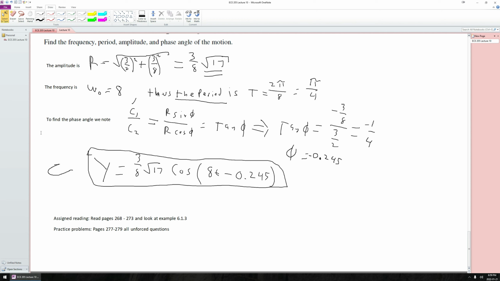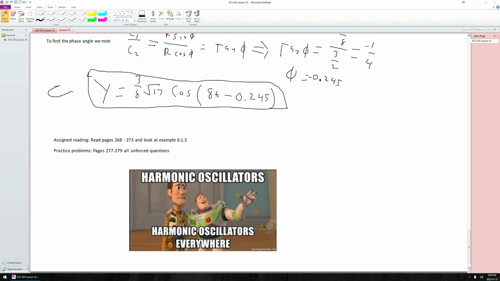And finally, for our meme, we have this guy here, harmonic oscillators everywhere. So this is actually not an understatement here. So we talked about the spring system being a harmonic oscillator, but another example is if you take, say, a pendulum that has its normal state here, this is actually a harmonic oscillator.